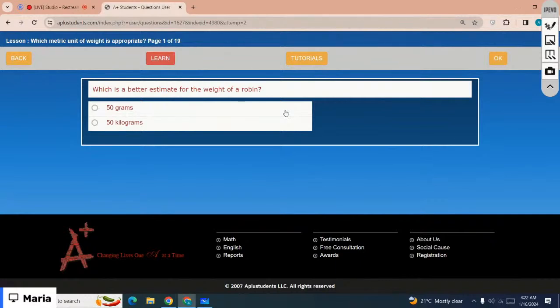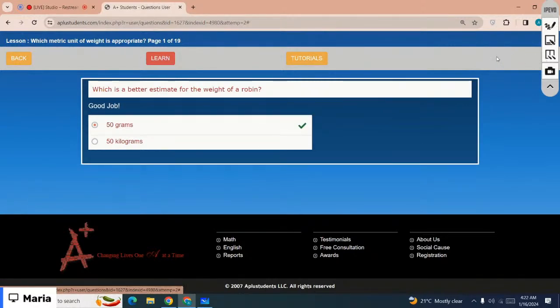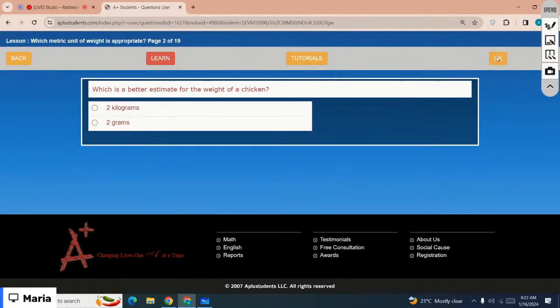Which is the correct option? The better estimate for the weight of the robin is, I think, 50 grams, because 50 kilograms is too much. Yes, that is 50 grams, not kilograms. Kilograms is a bigger unit, right?